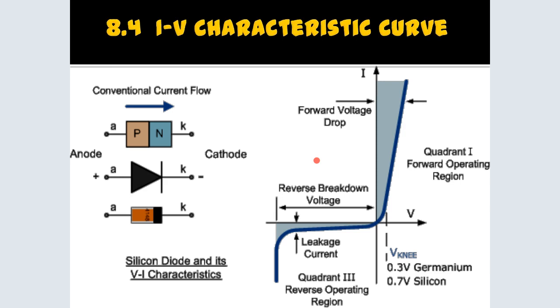So a diode can operate in those two regions, but with a lot of risk. Okay, with a lot of risk. Now, there are two elements that are very important in this process. There's what we call the reverse breakdown voltage. There's what we call the knee voltage.